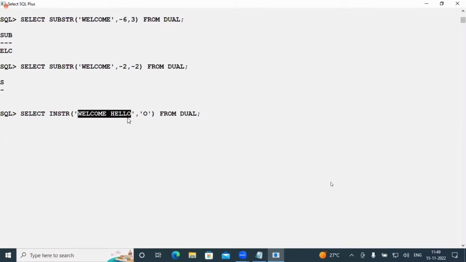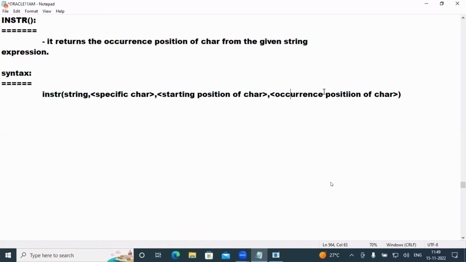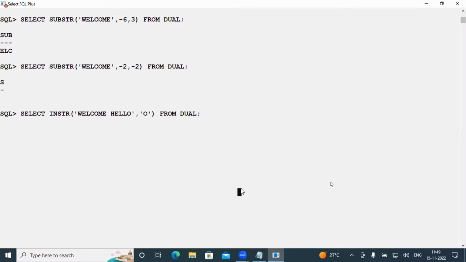But whenever I'm not giving any starting position or occurrence position, and only a specific character is given, the result follows first in, first out.